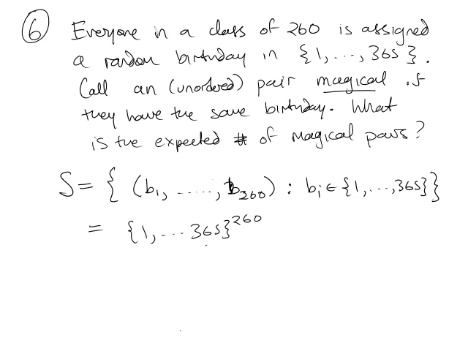And I'm interested in computing an expected number of something, of magical pairs. So let me define a random variable X. Remember, X is a function on the sample space. So X of b1 up to b260 is the number of unordered pairs of people in this set of 260 who have the same birthday. Intuitively, this is the number of magical pairs.